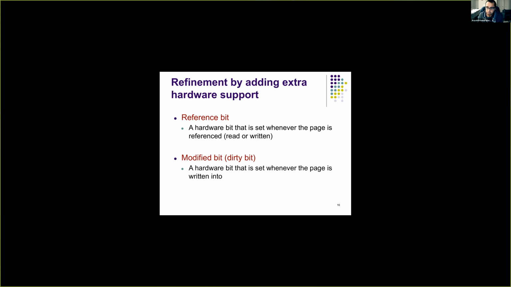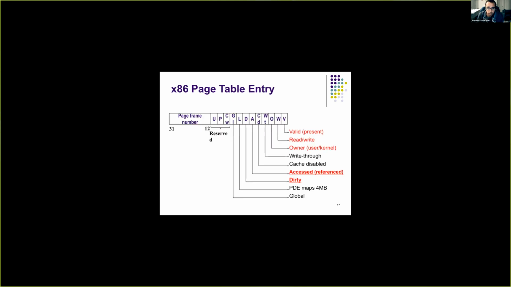Whereas the reference bit will be set whenever a page is either read or written to, right? So if a page is written to, we set both the reference bit and the modified bit. Okay, if the page is read, we only set the reference bit. So as I mentioned before, the page table entry has a bit called the dirty bit that indicates whether the page corresponding to this page table entry has been written by the process or not.